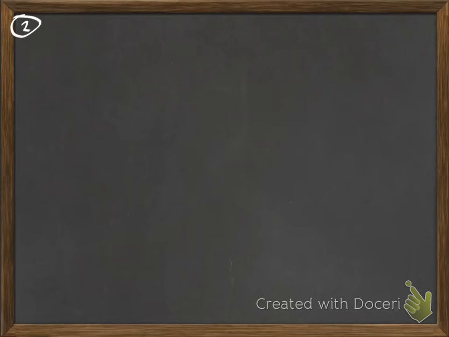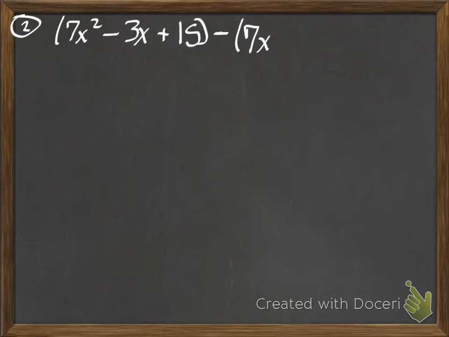So problem 2, we're going to subtract 7x squared minus 3x plus 15 minus 7x minus 3.